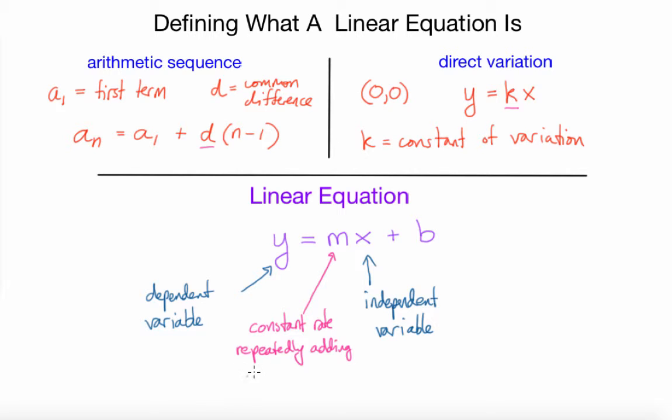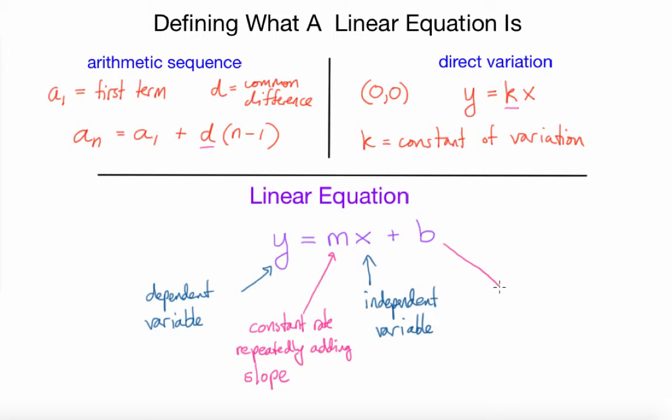We're going to talk more about this eventually, but we also call m the slope. So rate, slope, what are we adding? m is telling us how we're changing. How do I get to the next value? What is happening over and over again? And it's always multiplied by x. So as I make x some value, it's affected by our rate, our slope. What are we adding over and over? It's affected by m.